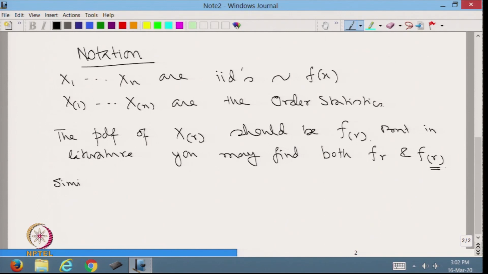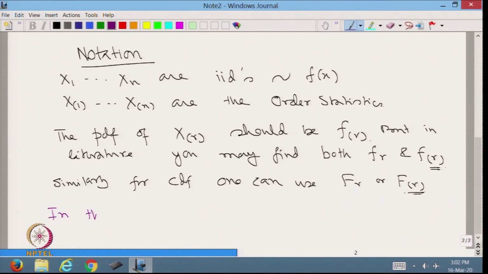Similarly, for CDF one can use Fr or F(r) with the parenthesis.